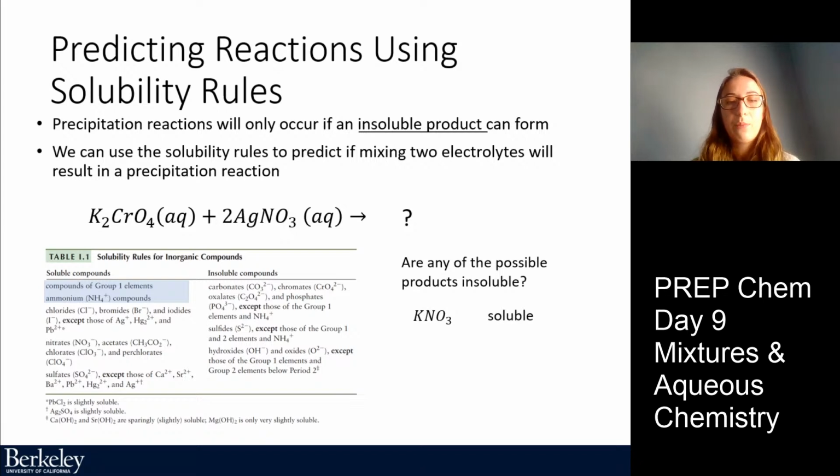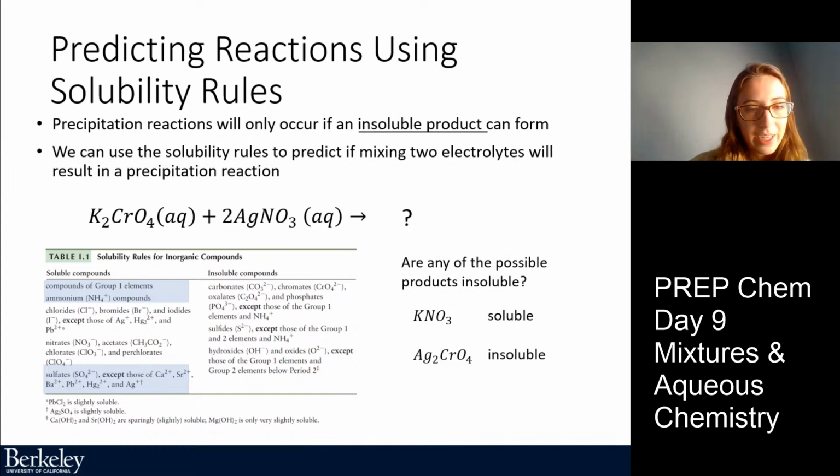And so our second possible product of this reaction would be silver chromate. We can also look for this in the solubility table. I think I highlighted the wrong one, so it's on the other side, sorry, that's a typo.